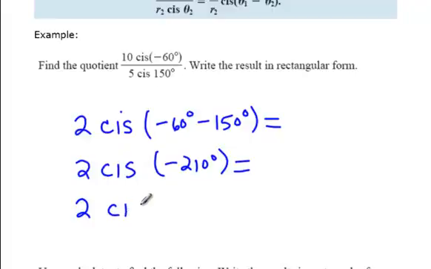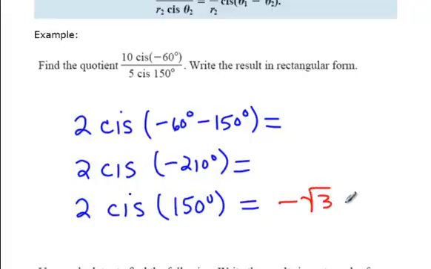So negative 210 degrees is the same thing as positive 150 degrees. And the directions say write the final answer in rectangular form. So using methods in the previous section of converting a complex number from polar form to rectangular form, you'll get the solution negative root 3 plus i.